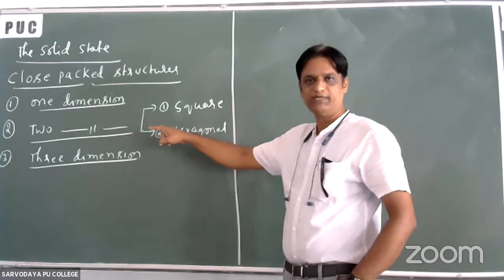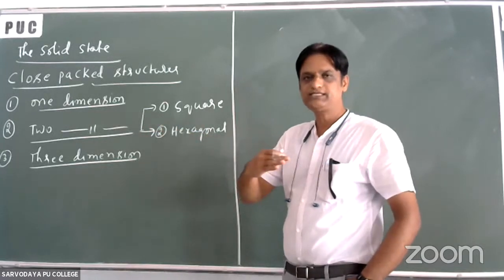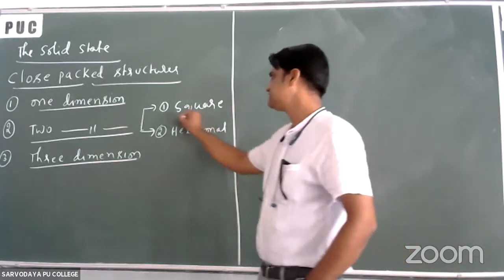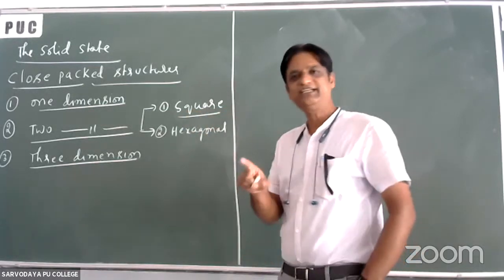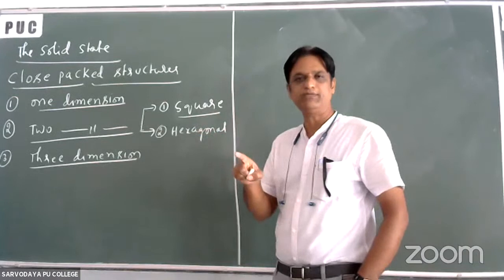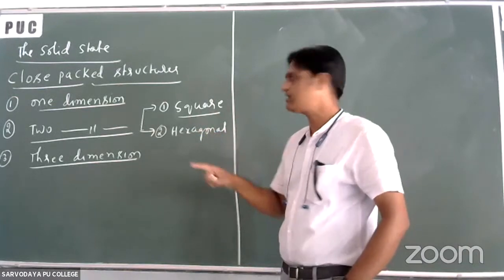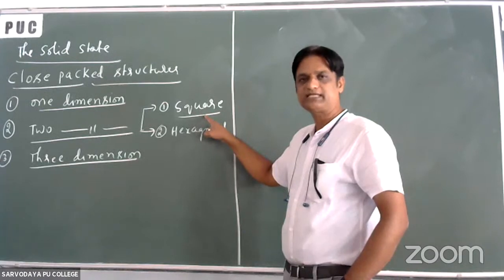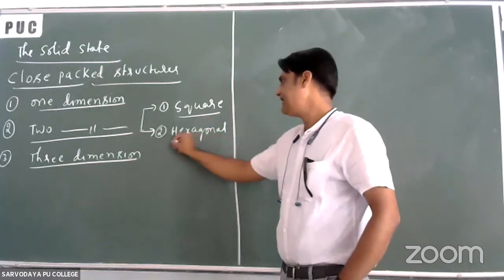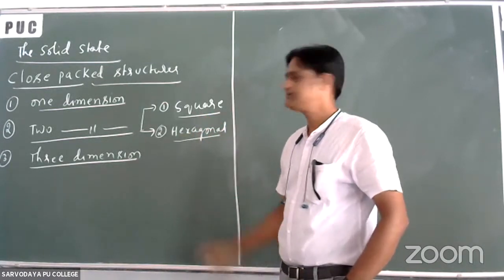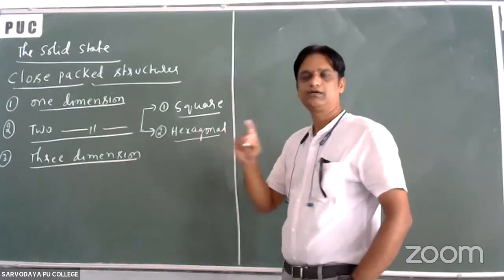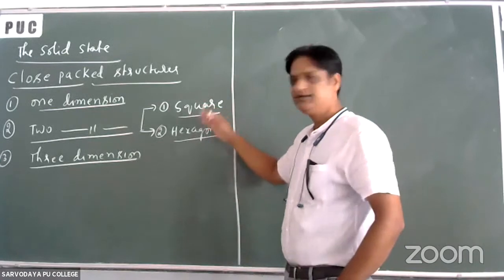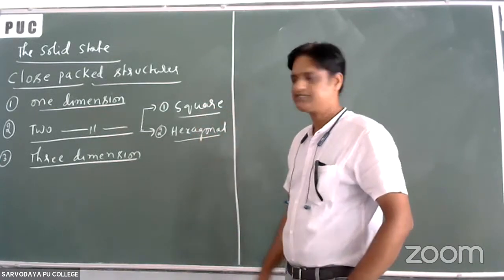So in two dimension, there are two ways in which spheres can be arranged. One type of two-dimensional closed packing arrangement of particles is square closed packed structure in two dimension, and another type is hexagonal closed packed structure in two dimension. About this also we have discussed.